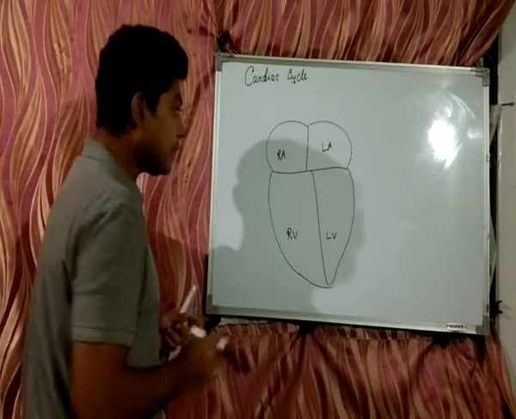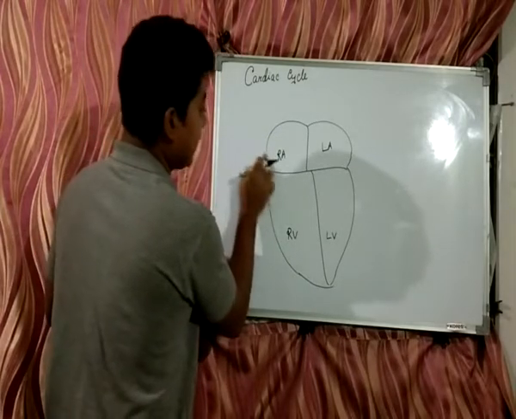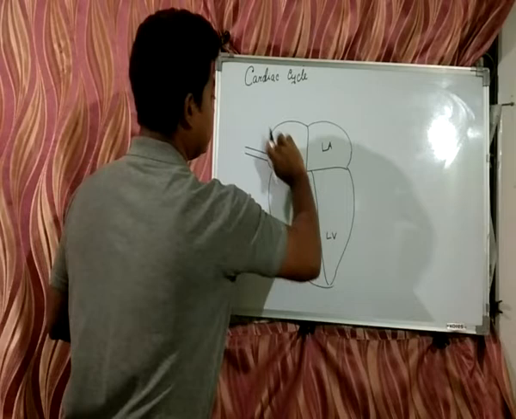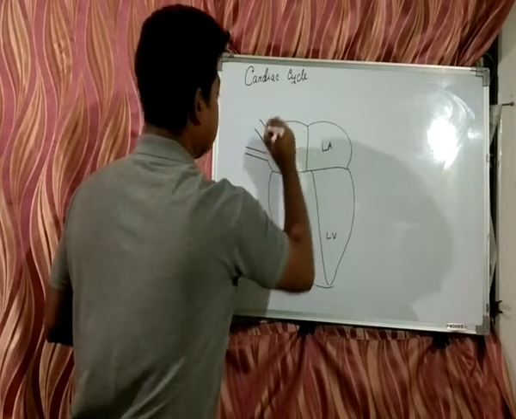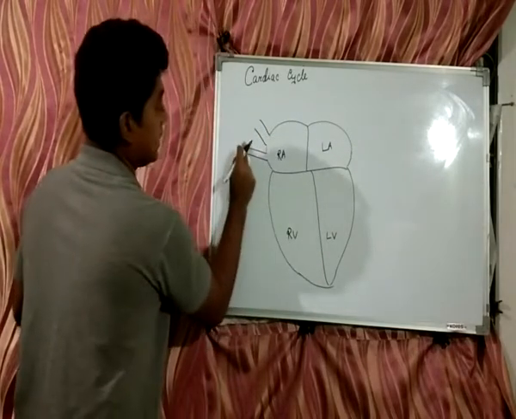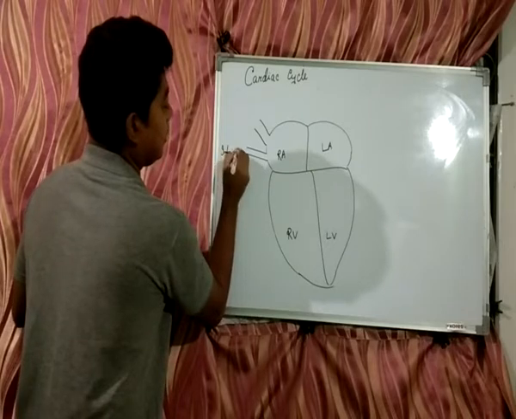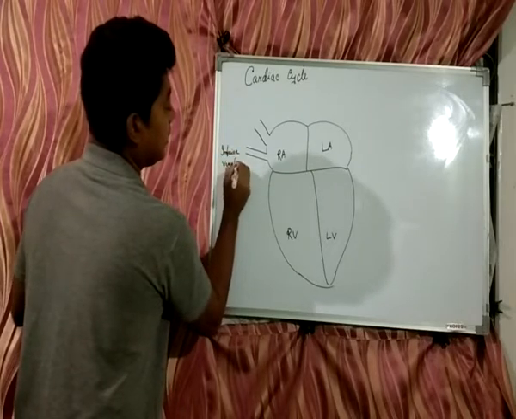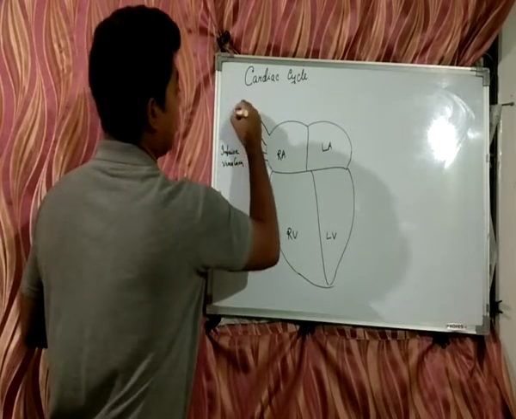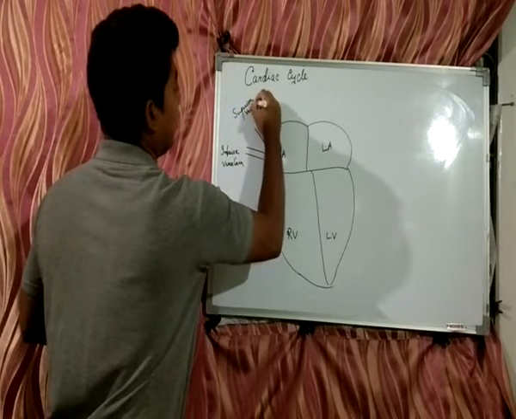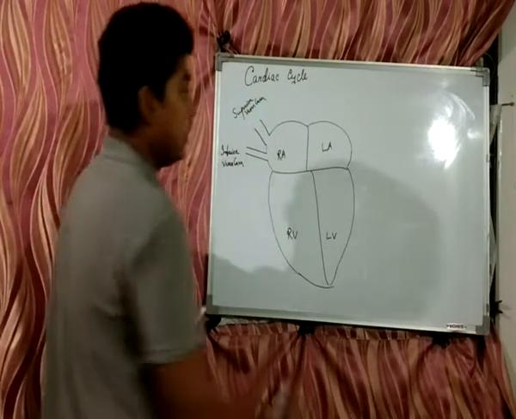Here the right atrium contains the inferior vena cava and the superior vena cava.